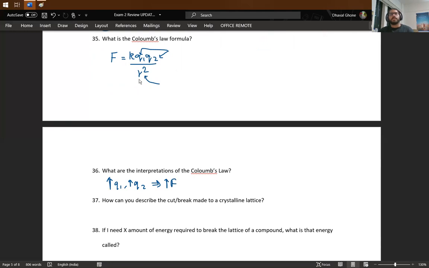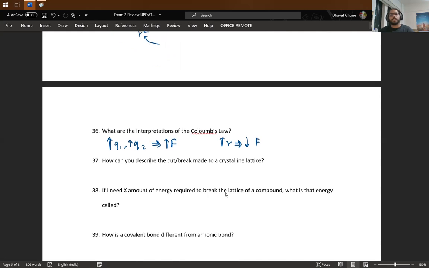However, the distance is the denominator, so they have inverse proportionality. That means if I increase my distance, I will actually decrease the force of attraction between them. The reverse is true. If I decrease the charges, I'll decrease the force. If I decrease the distance, I'll increase the force.